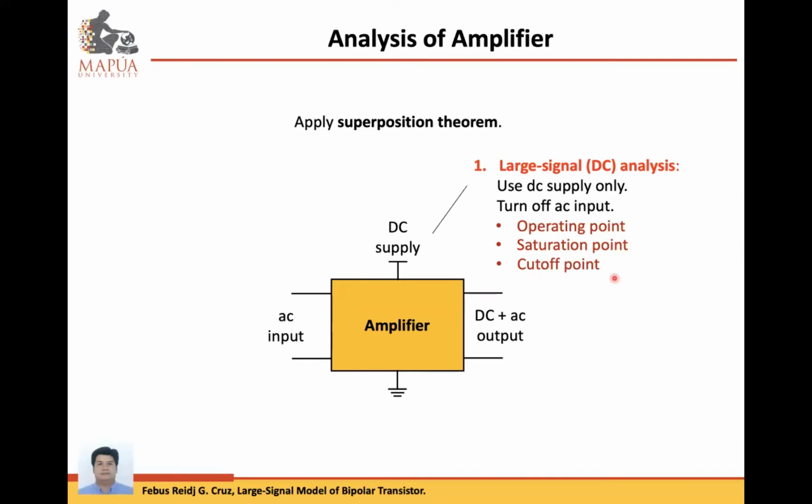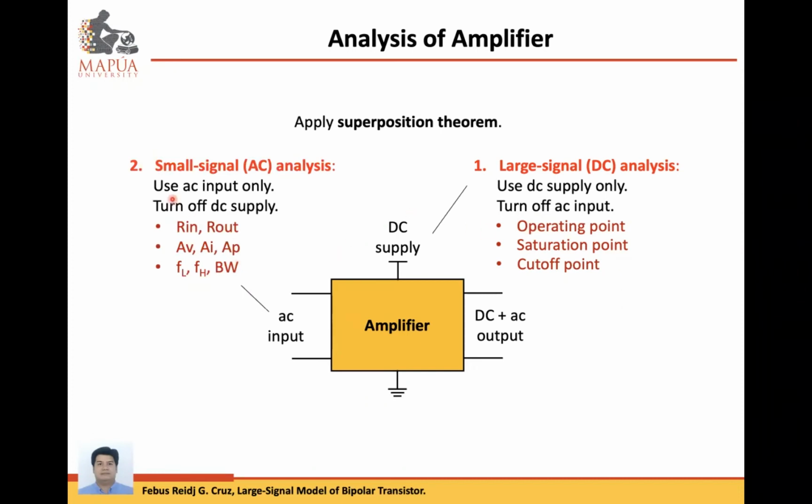Then, after knowing the effect of the DC supply, step number 2 is performing the small signal analysis or the AC analysis. In this case, we use the AC input only, and this time we turn off the DC supply. Using this step, we can determine the amplifier resistances, the input resistance and the output resistance.